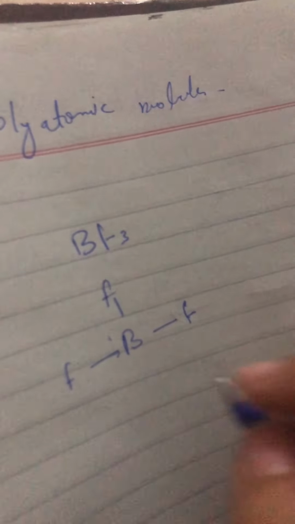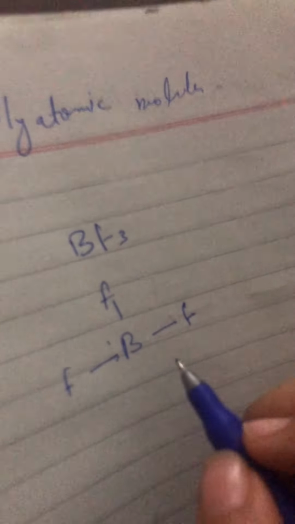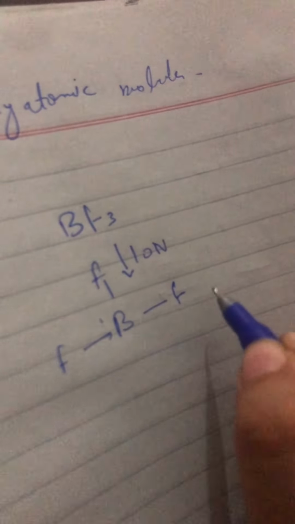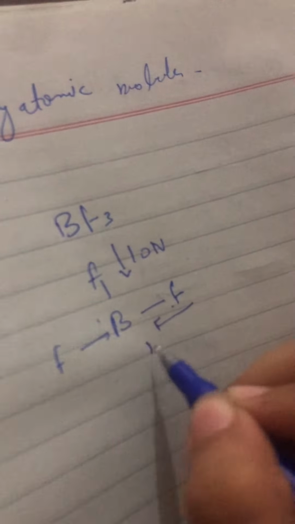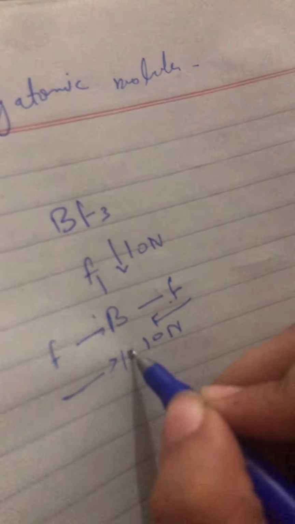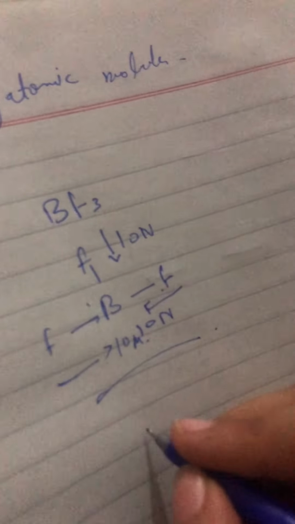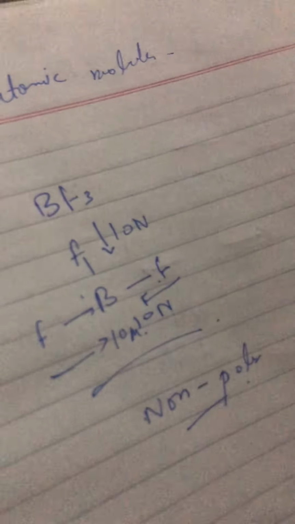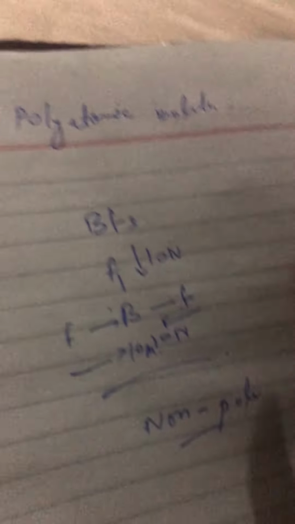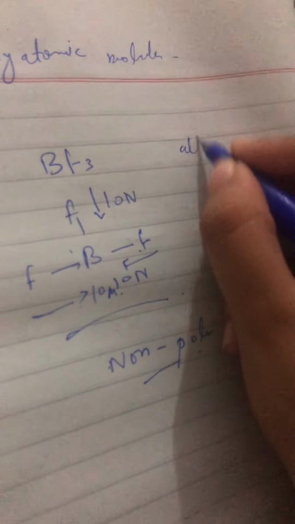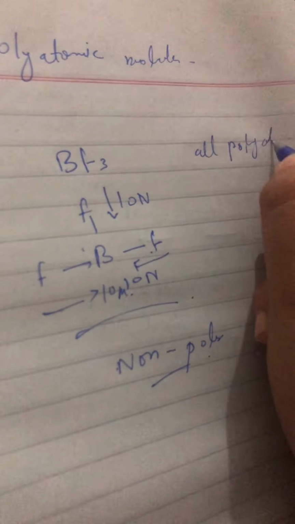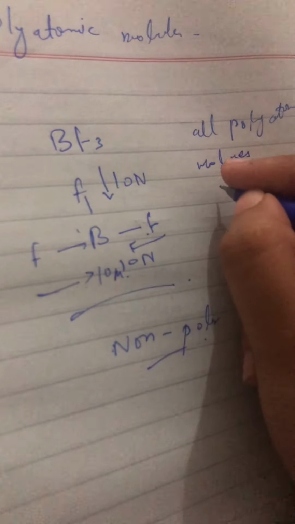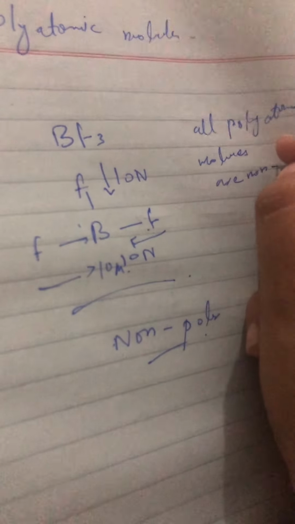Here, for example, this fluorine is putting a force of 10 Newton, this one also puts 10 Newton, and this one also puts 10 Newton. So they are putting the same force, and this will be called a non-polar molecule. We can say that all polyatomic molecules are non-polar.